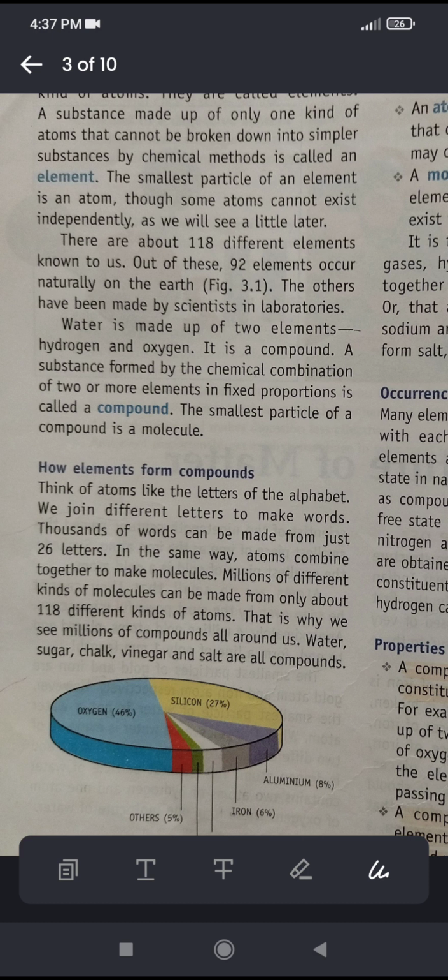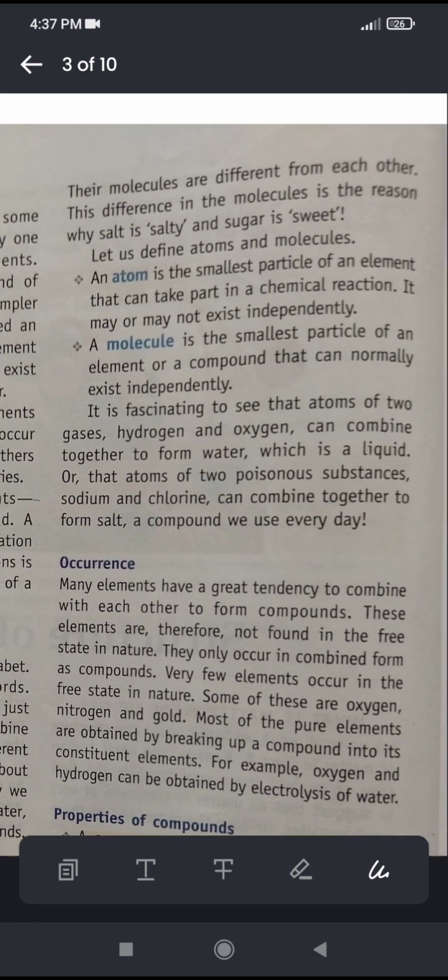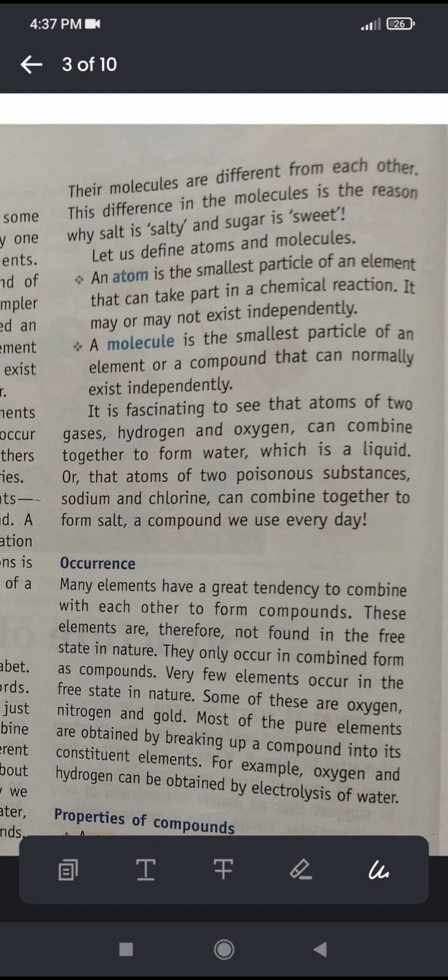Water, sugar, chalk, vinegar, and salt are all compounds, and the elements which are joined to make these things are made of atoms. Their molecules are different from each other.